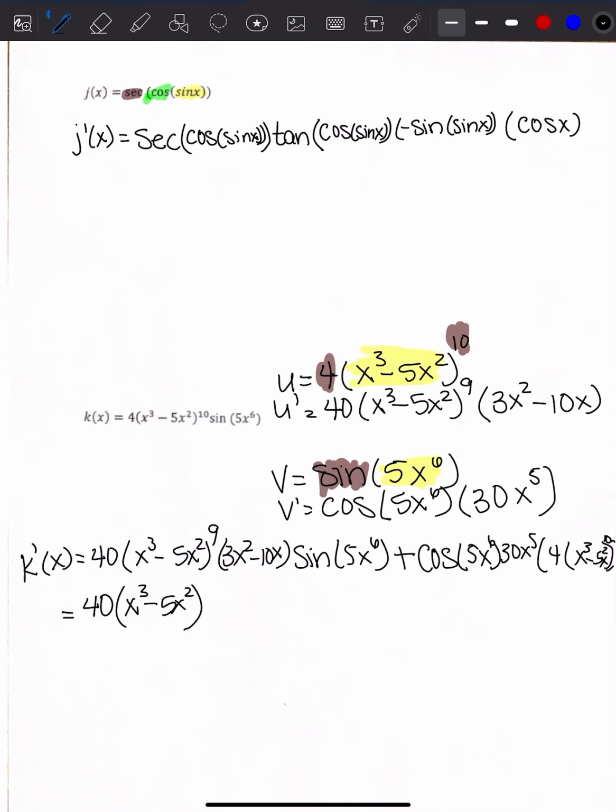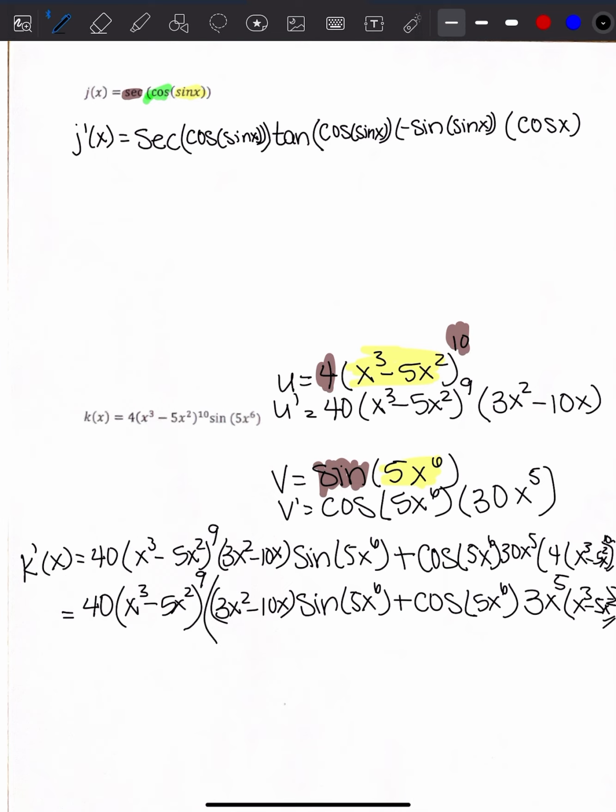The thing that they have in common is 9 of them, so I have to the 9th power times 3x squared minus 10x times sine of 5x to the 6th plus cosine 5x to the 6th times 3x to the 5th, and we have an x cubed minus 5x squared. This might not make it any better, but this could absolutely be something else, and we may even be able to simplify it more depending on what we need to do with it.